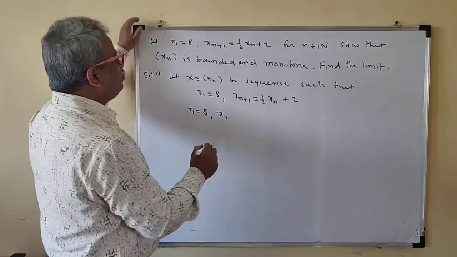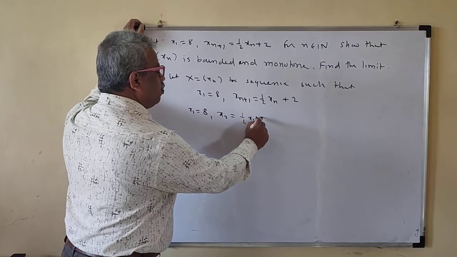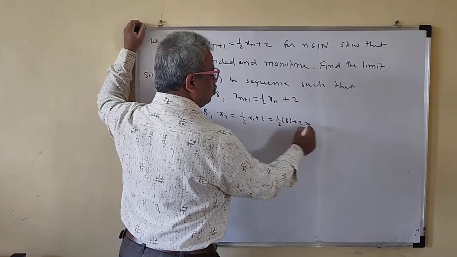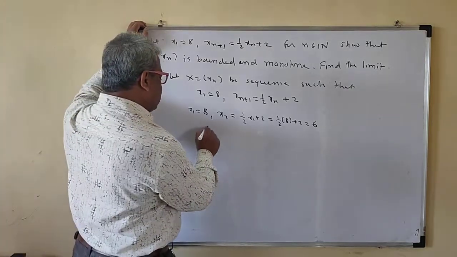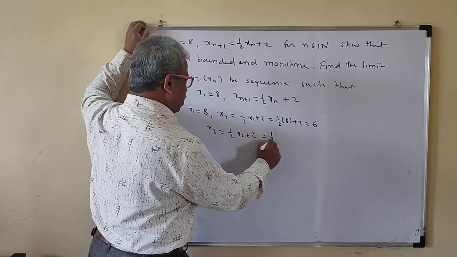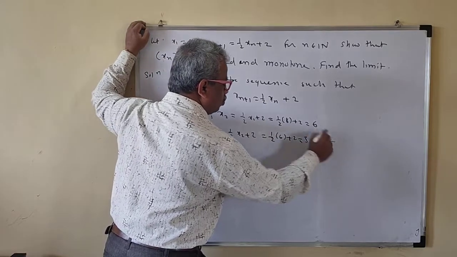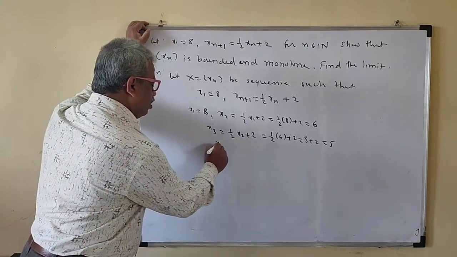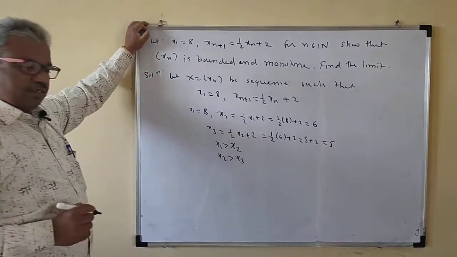Your x2 will be 1/2 x1 plus 2, so this is 1/2 into 8 plus 2, which is 6. Now what is your x3? x3 is 1/2 x2 plus 2, so 1/2 of 6 plus 2, which is 3 plus 2, so this is 5. Okay, so you will see that x1 is greater than x2, and x2 is greater than x3.